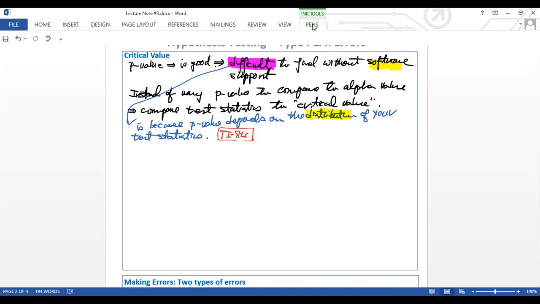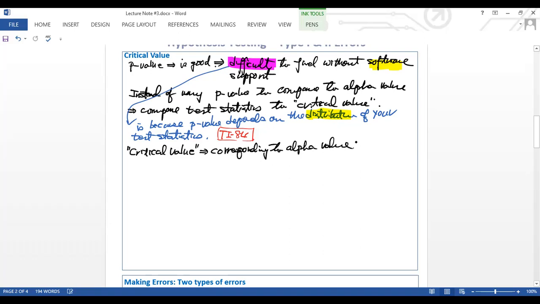Okay, so what is the critical value? The critical value is the value corresponding to your alpha value, and it has underlying distribution assumptions.